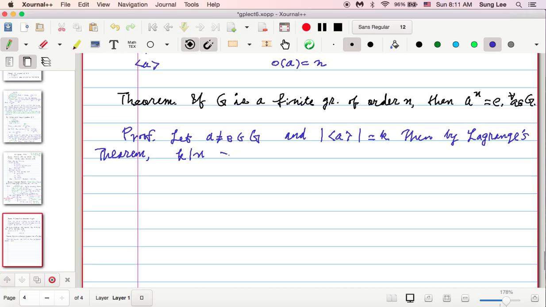So that means n is a positive integer multiple of K. So n can be written as K times L for some positive integer L.